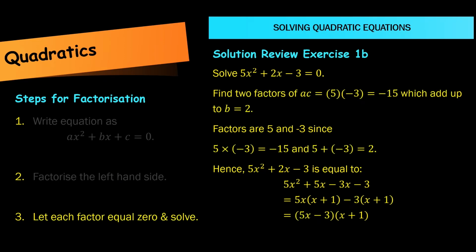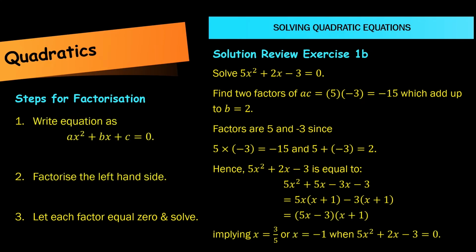So of course we've factorised our expression, and now we can let each factor equal 0 and then solve. So either we have that x equals 3/5, or x equals minus 1, when 5x squared plus 2x minus 3 equals 0.